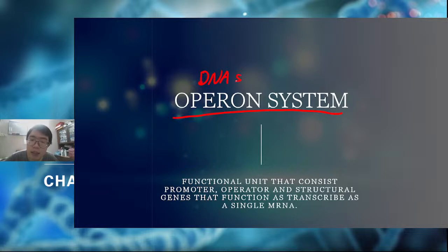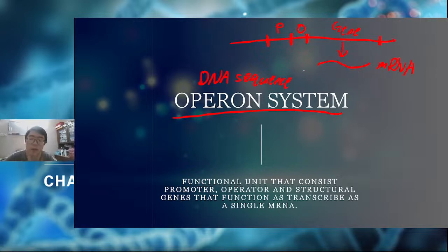It is one DNA sequence that contains a promoter, an operator, and also the genes that can be transcribed. This is the promoter, this is the operator, and these are the genes that can be transcribed to mRNA.